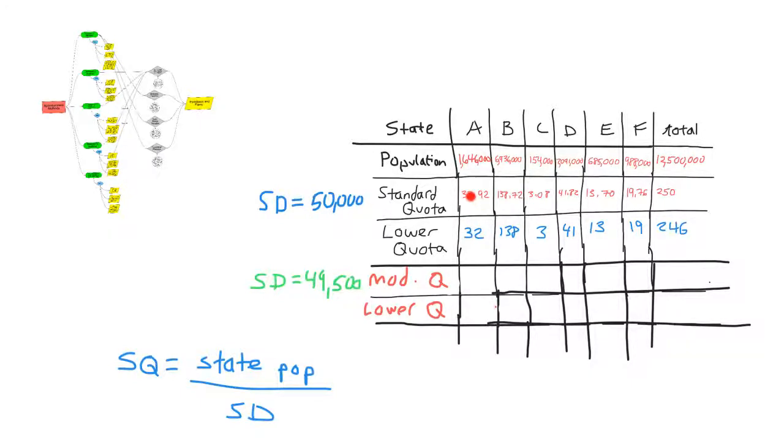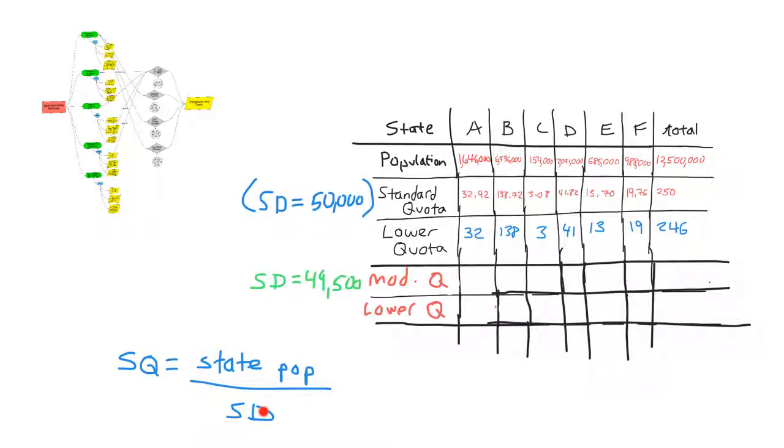This is the row that has the standard quota for state A, this has the standard quota for state B, this is the standard quota for state C, and so on. And how did we find these numbers? Well, we took the state population, which was 1,646,000, and we divided it by the standard divisor of 50,000.